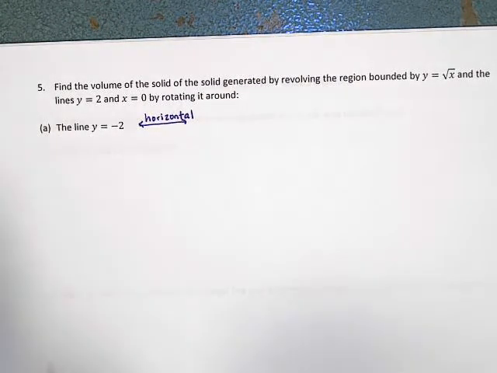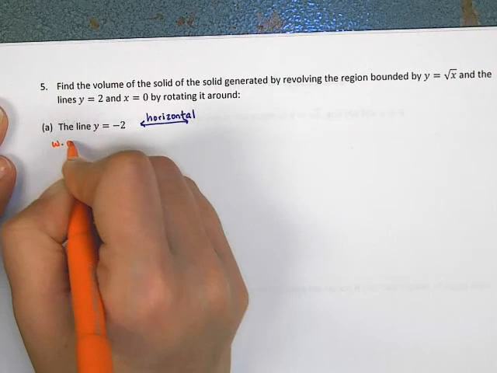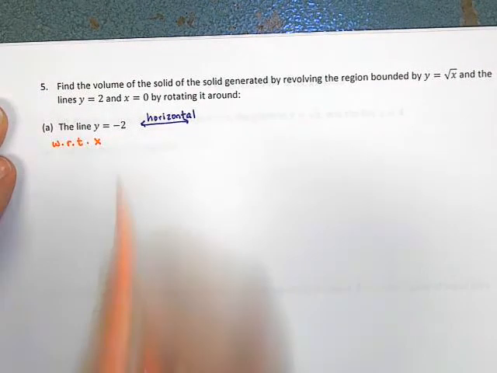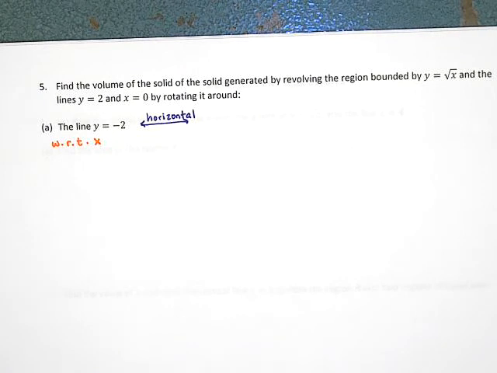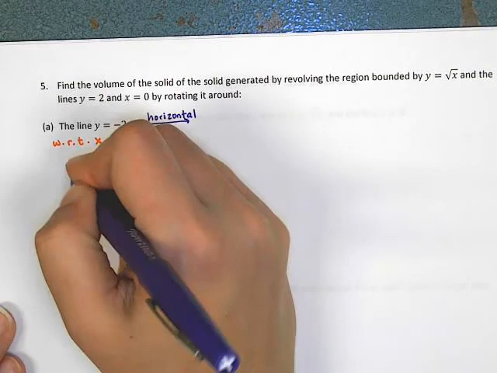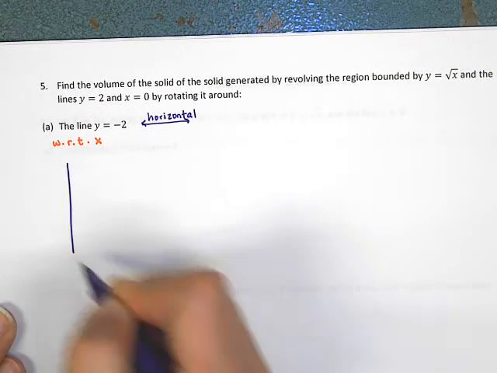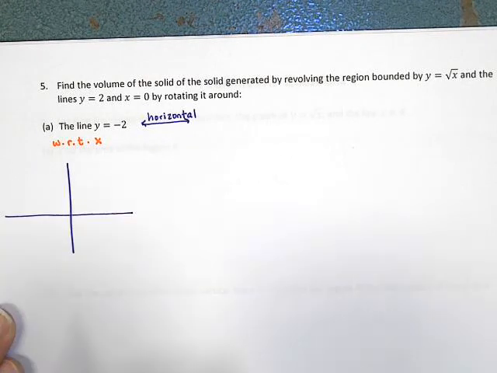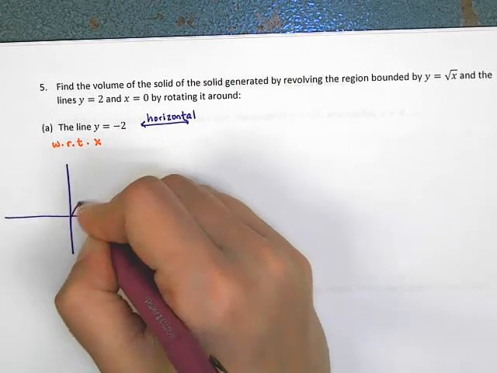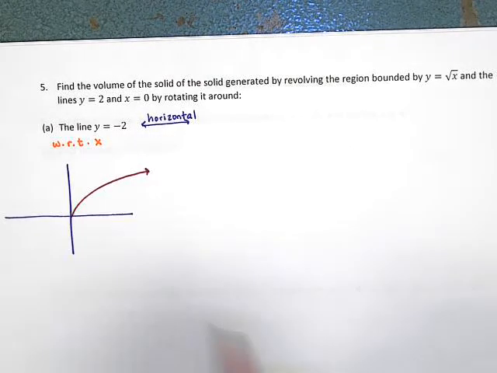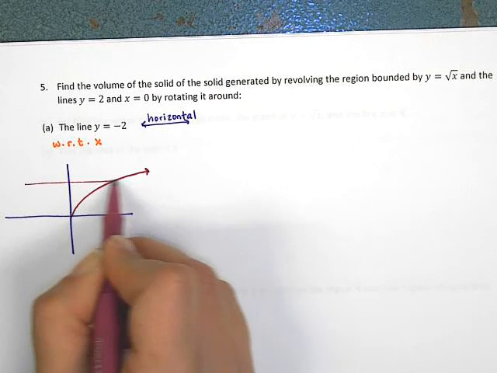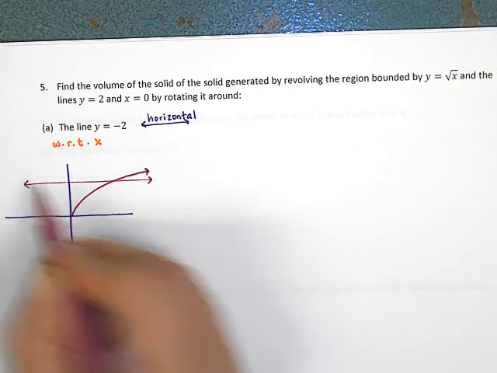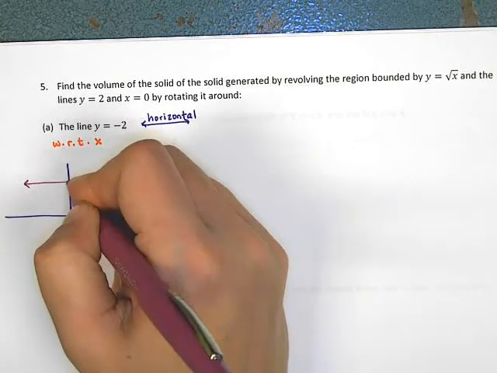So with this problem, we're going to set everything up with respect to x. So we're going to sketch a little picture. It doesn't have to be great. It just has to kind of help us visualize what's going on. So if I sketch a little picture here, I'm revolving the region bounded by the square root of x, which is this, the line y equals 2, which is this, and x equals 0, which is this.